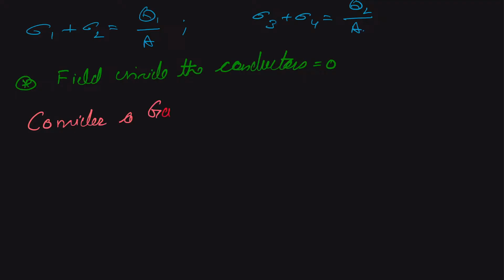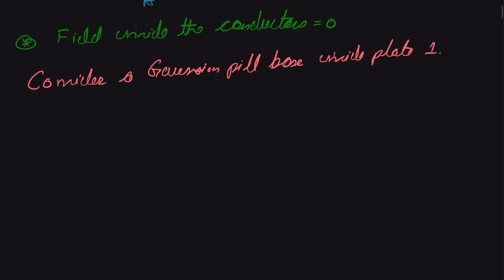Like I said, our field inside the conductor should be equal to 0, and the contribution will be from all 4 surface charges.